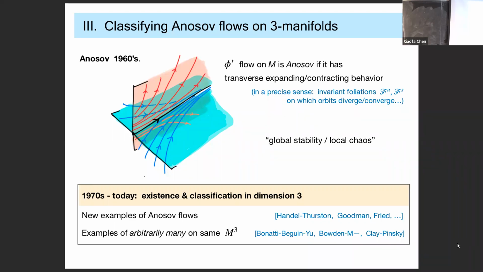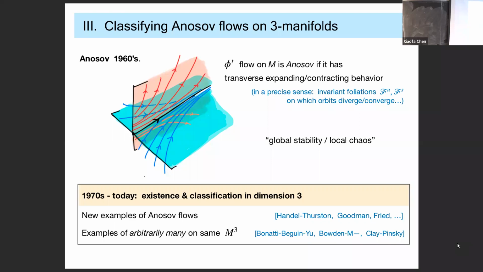They are the directions of my flow. And on some kind of invariant plane here, my picture is in 3 dimensions, I'll pretend I'm on 3-manifolds because that's my intended context, there are locally planes consisting of orbits that come together, and a transverse plane consisting of orbits that diverge, or at least in backwards time converge.